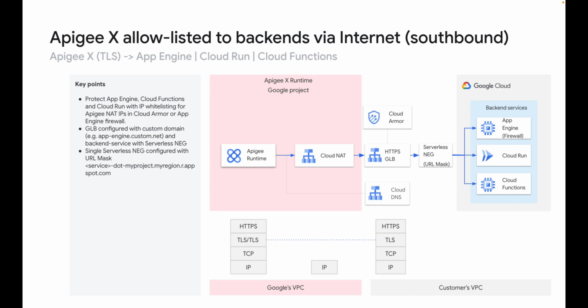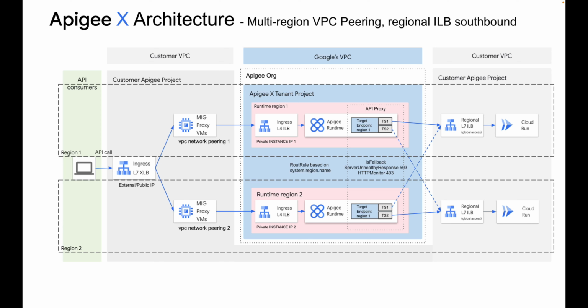In that case, Cloud NAT can be used, and you can control the IP address with IP whitelisting to be sure that your traffic comes from the Apigee runtime at the workload level, through the control that you have at the global load balancer level. Again, you can control that the traffic comes from a specific set of IP addresses.